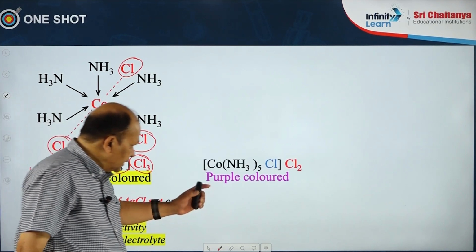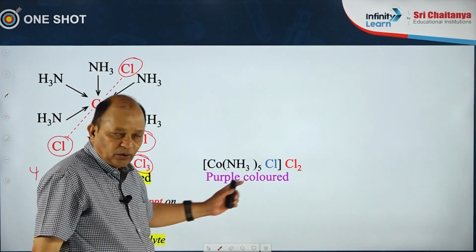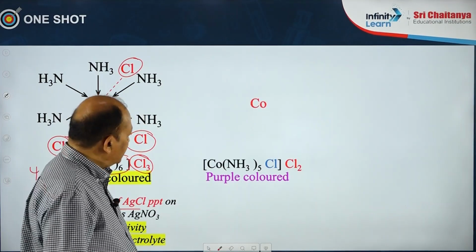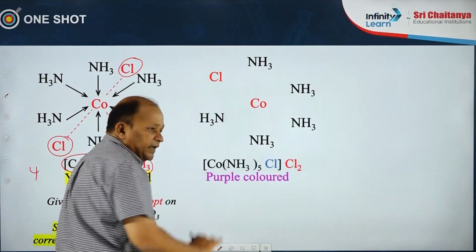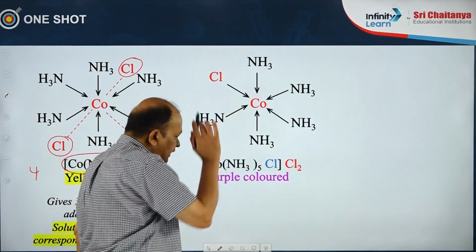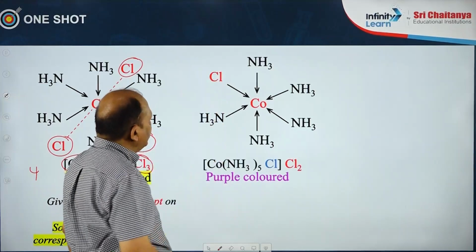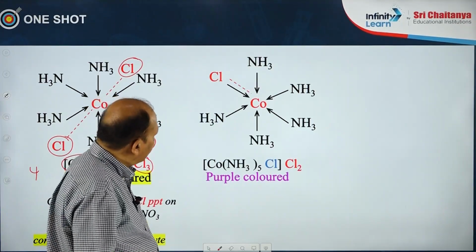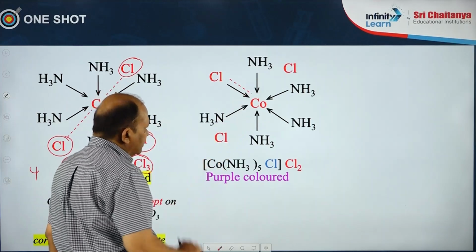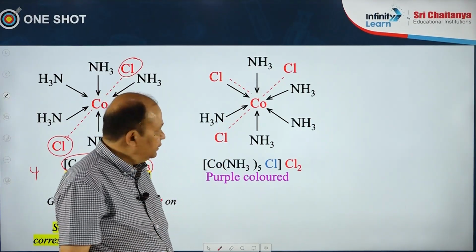Another complex, pentaamminechloridocobalt(III) chloride. Here cobalt is the central metal, with 5 ammonia molecules and 1 chloride ion satisfying the secondary valency; that is why I have shown it with the arrow mark. This chloride ion is also satisfying the primary valency, and the remaining 2 chloride ions satisfy only the primary valency, which are ionizable.